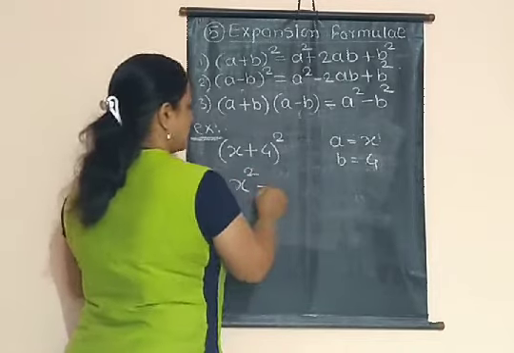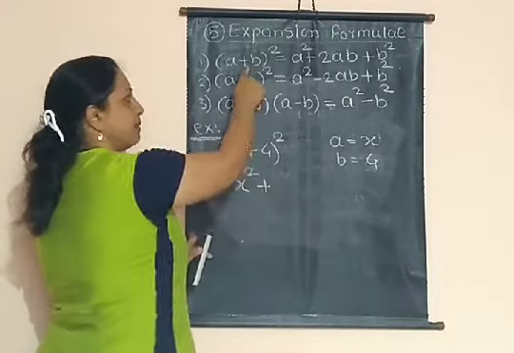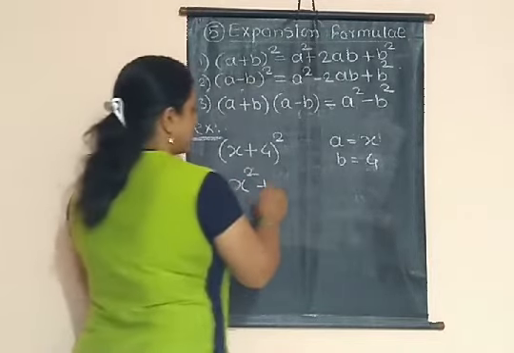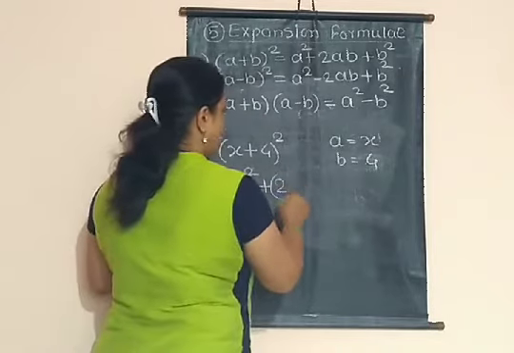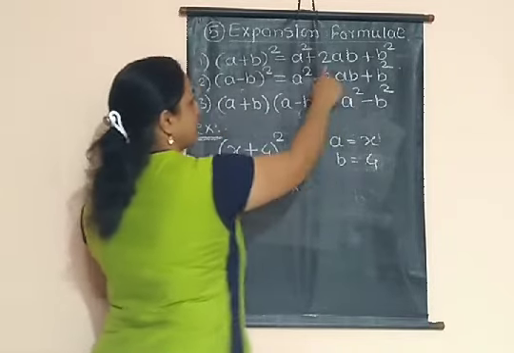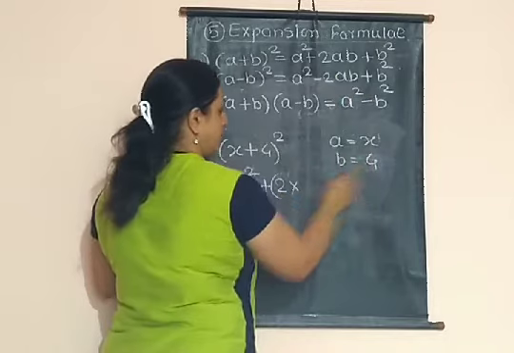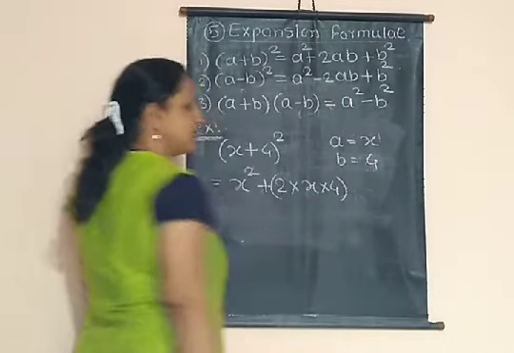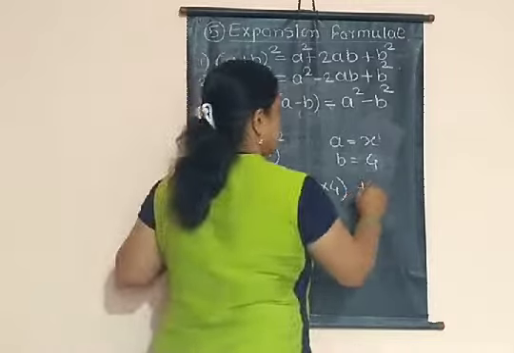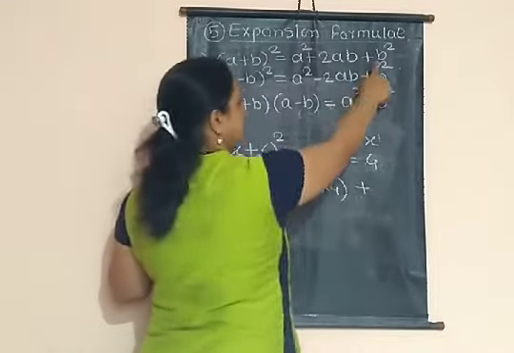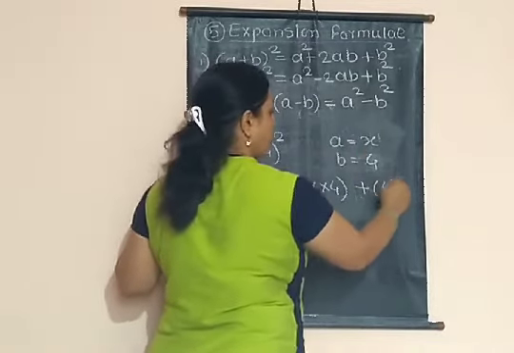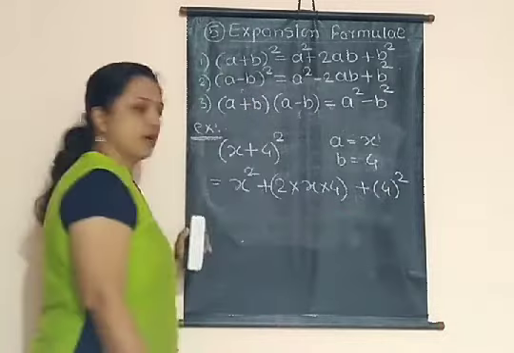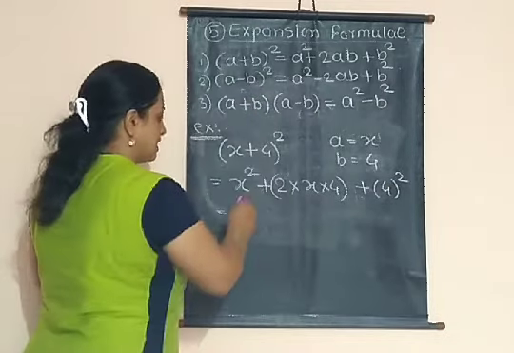Okay. Then after that plus sign is there because here plus sign. So plus, after that 2 multiplied by a into b, that is x into 4. So 2 into x into 4. This is the second term. Plus, what is the third term? That is b square. It means (4) bracket square. Okay. And now we get the answer.